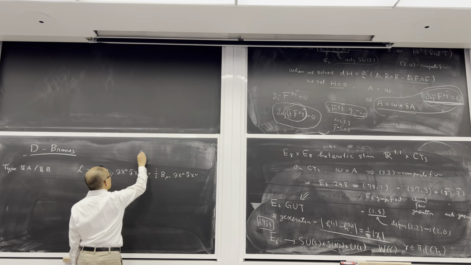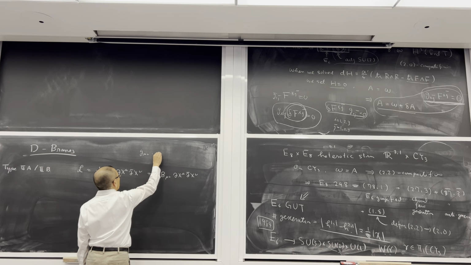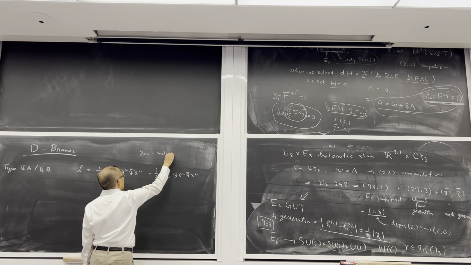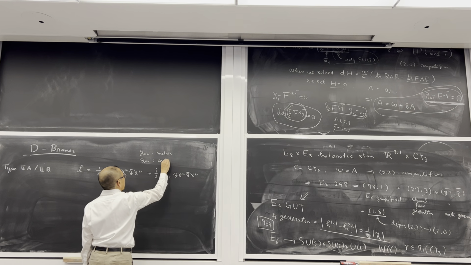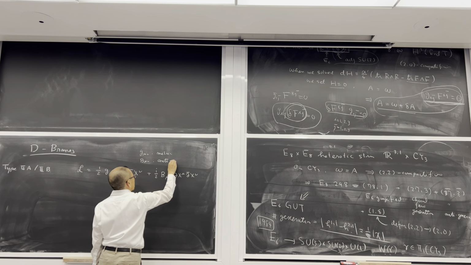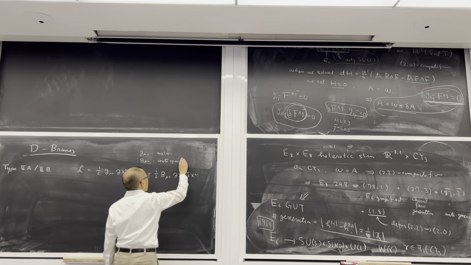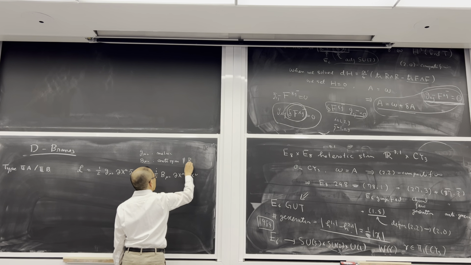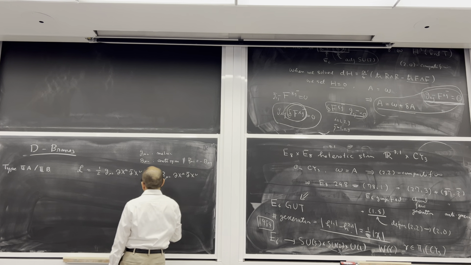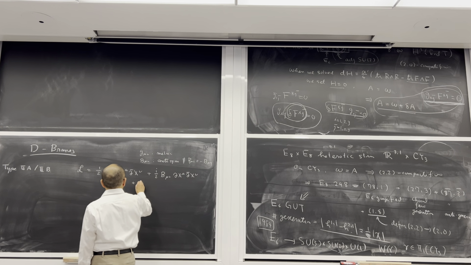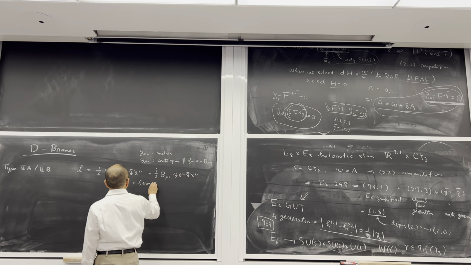So of course G mu nu is the metric, and then B mu nu is antisymmetric. So it satisfies B mu nu is equal to minus B nu mu. Okay? And then plus terms that contain fermions.